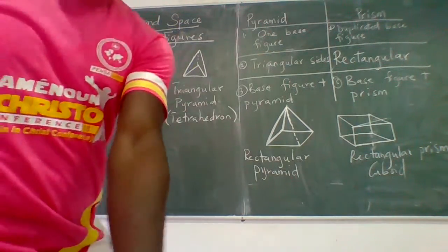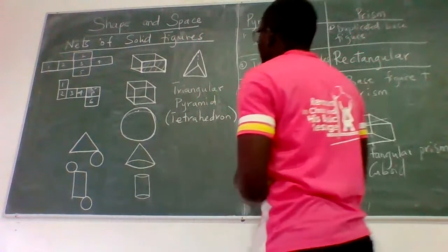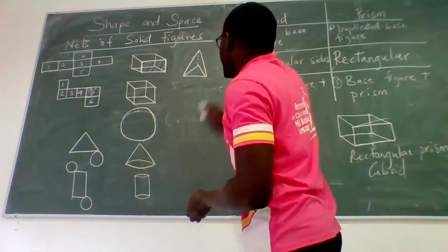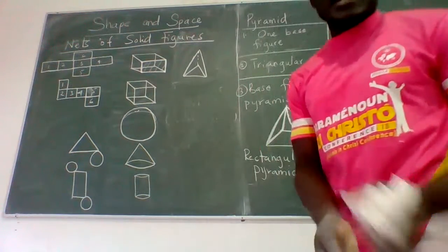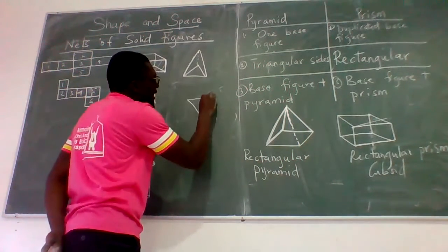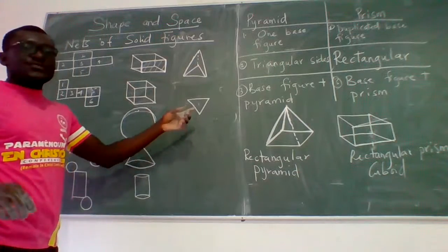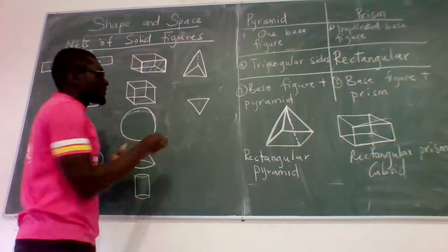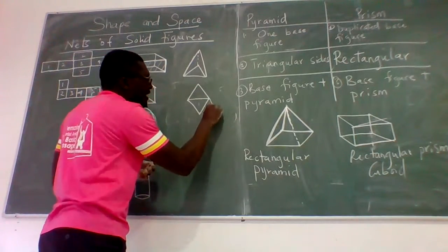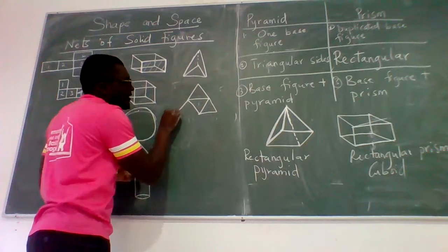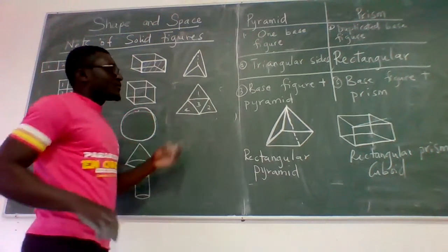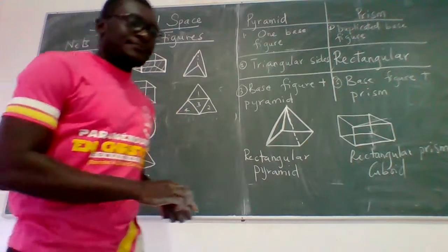Now the tetrahedron. We said that the tetrahedron has a triangle as its base. So if it has a triangle as its base, then we are going to get that base triangle as this one. And then each of these sides is also surrounded by another triangle. So we have a triangle here, another triangle here, and then finally another triangle here. So 1, 2, 3, 4 triangles like that.